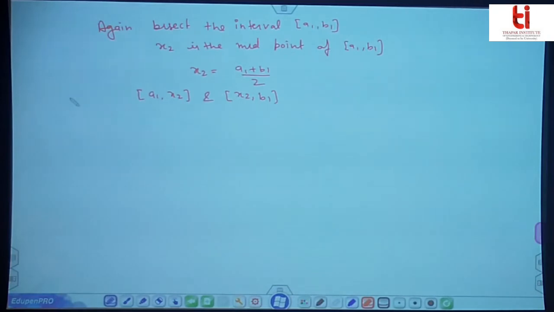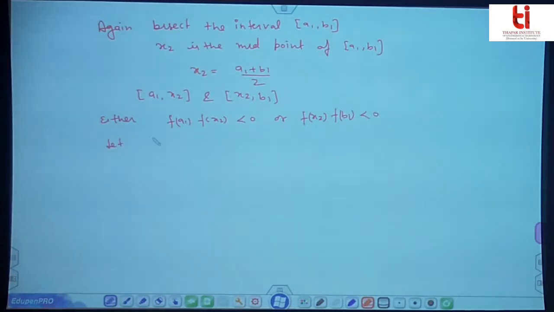So either f of a1 times f of x2 is less than 0, or f of x2 times f of b1 is less than 0.